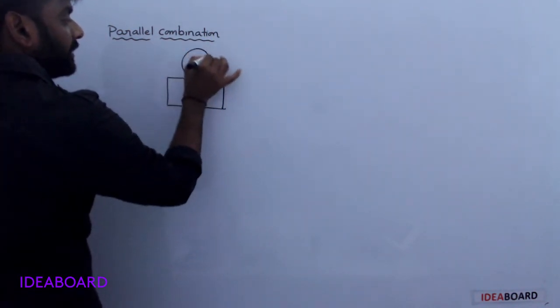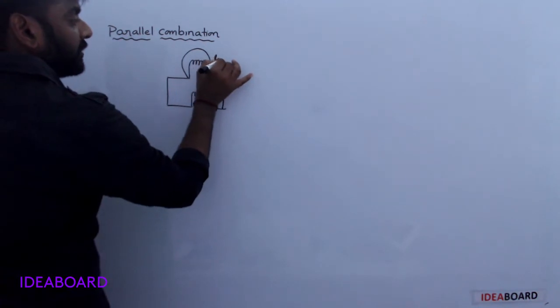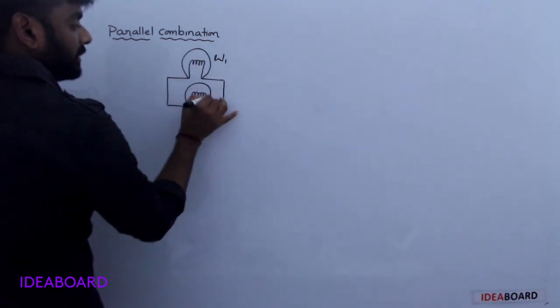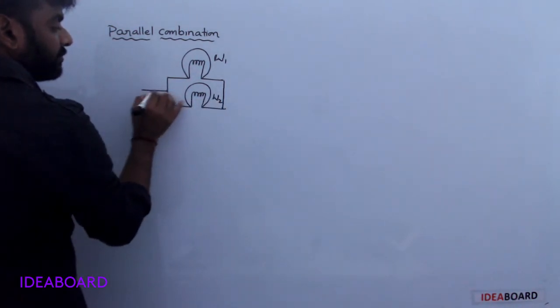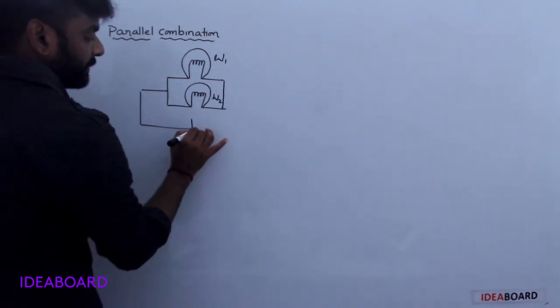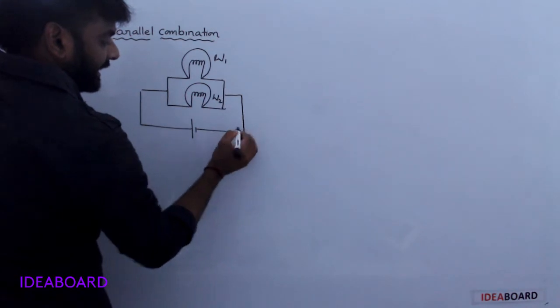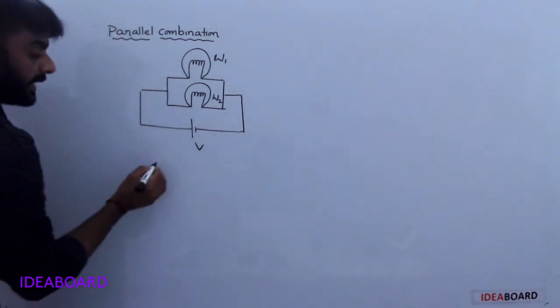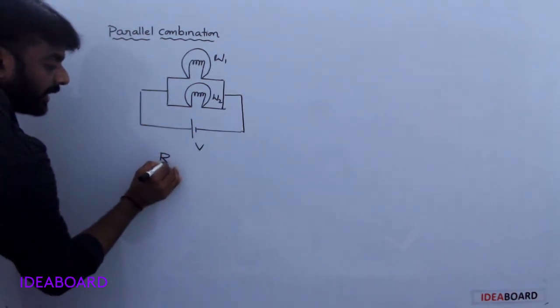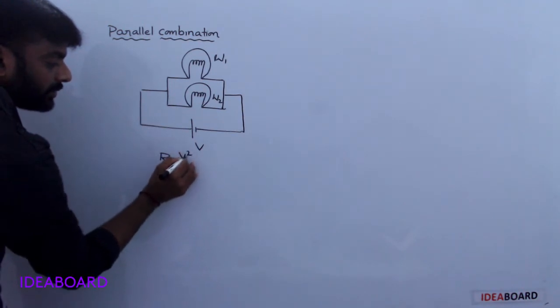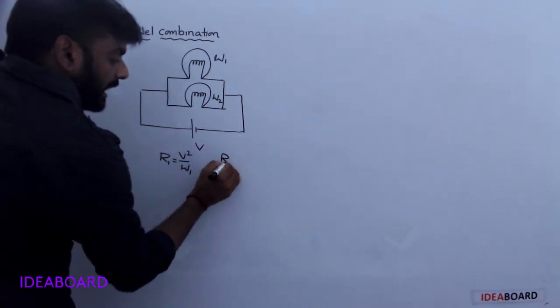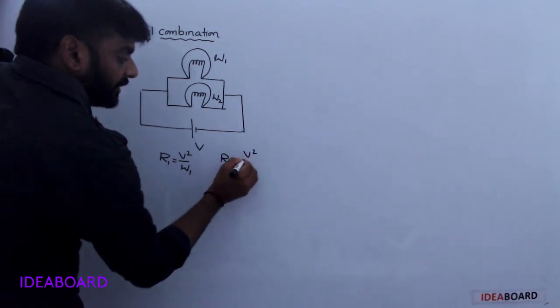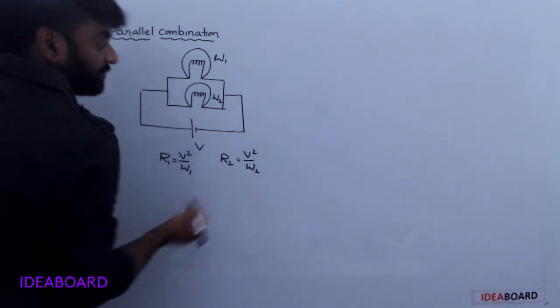Here mention what is W1, here mention what is W2. Supplied voltage is same, that is V. R1 is equal to V square by W1. R2 is equal to V square by W2.